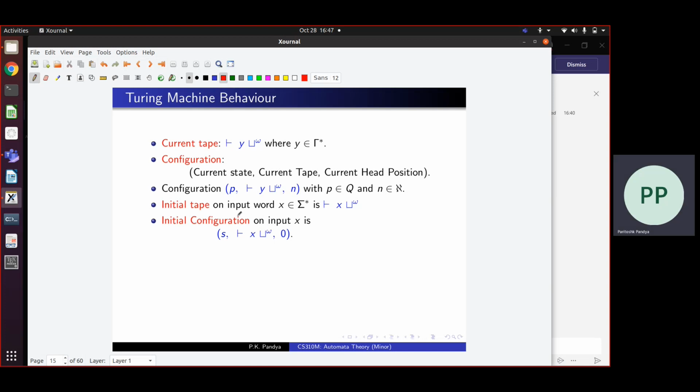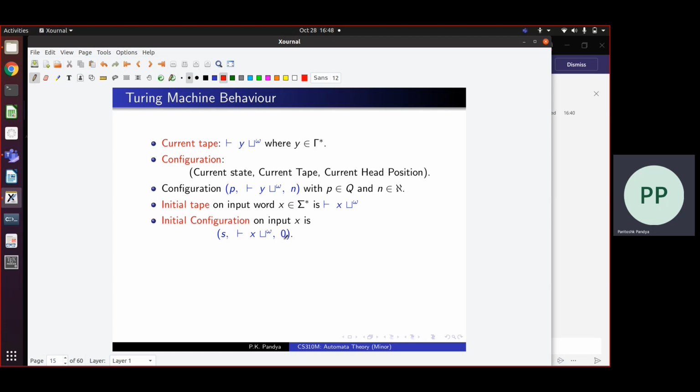Now, when the Turing machine begins, we have a Turing machine M, and we are trying to recognize a word X using the Turing machine. So the input to the Turing machine is the word X. In that case, we start the Turing machine in this initial configuration. The Turing machine is in the start state S. The initial content of the tape is left-hand marker followed by the input word X followed by an infinite sequence of blank cells.